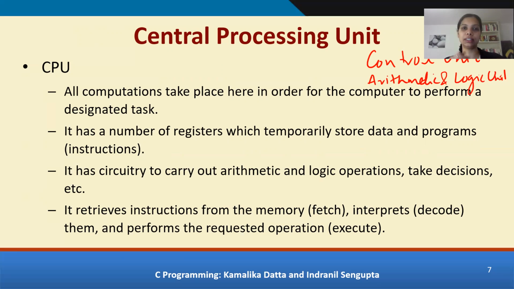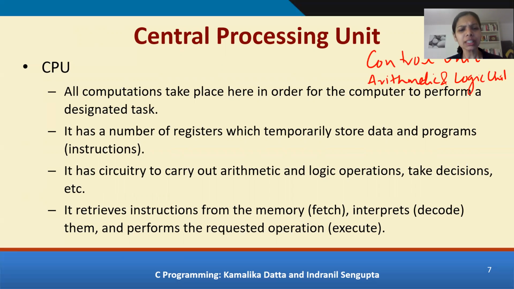The arithmetic and logic unit is responsible for all arithmetic and logical operations. And your control unit basically generates the control signals that are required to execute that particular instruction or the whole program, step by step. For each instruction, it should generate a particular control signal, and so on and so forth.